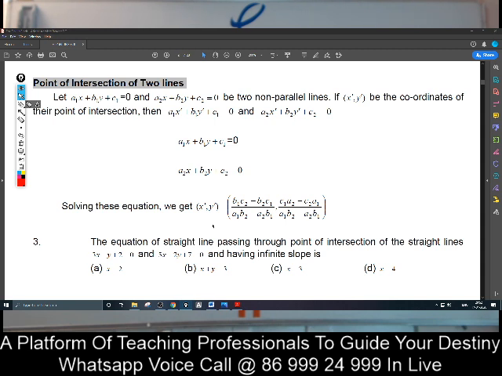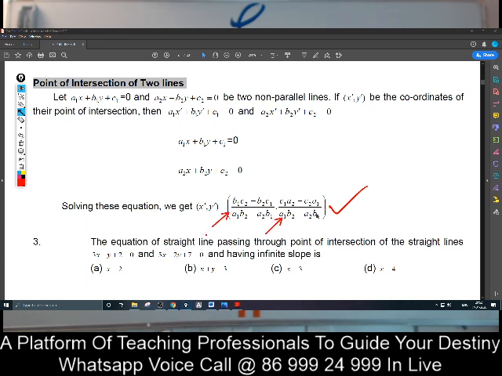This formula everyone knows, but never you apply this. But I'm telling you to apply this comfortably while solving two linear equations like this. Just observe the denominator here. What is the denominator? a1 b2 minus a2 b1.